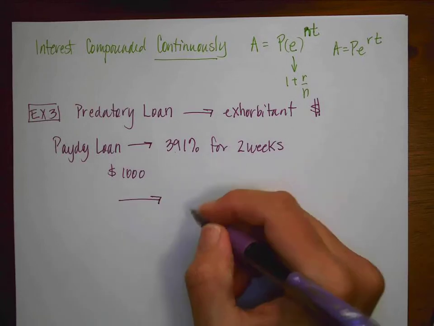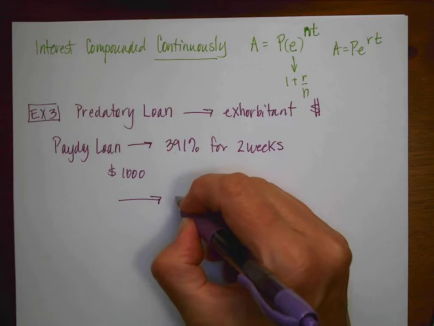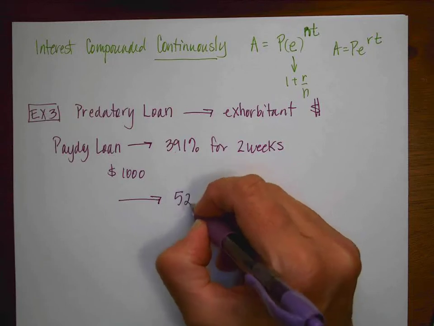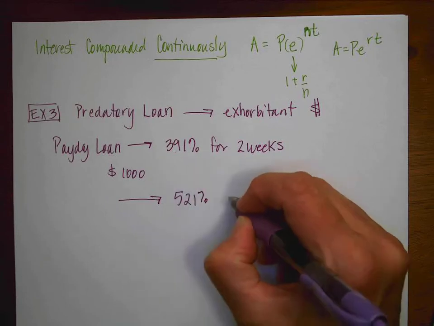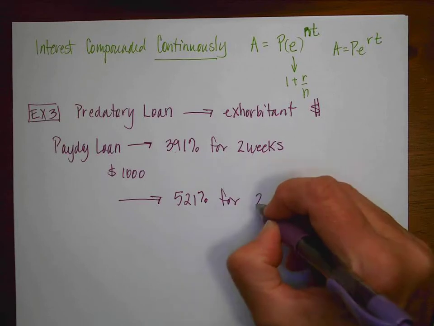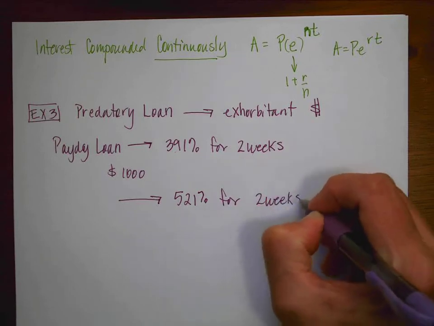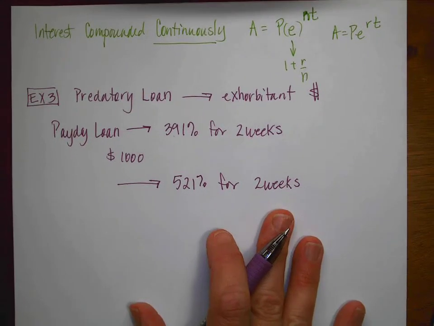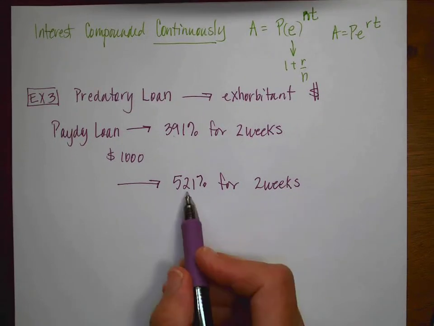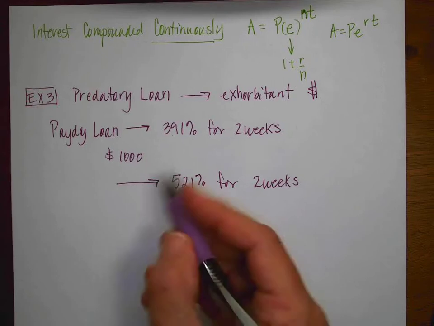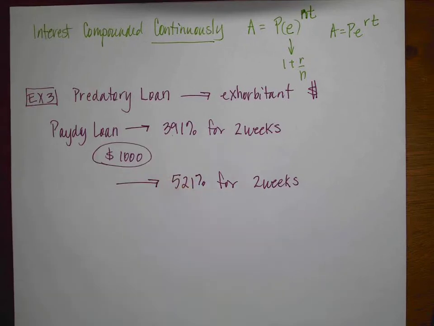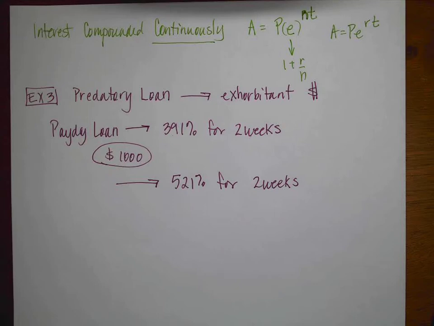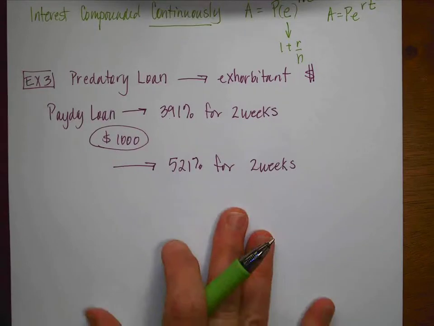If you don't pay that back in 2 weeks, which most people can't, then the interest rate jumps to 521%, and that's for the next 2 weeks. So you can see that very quickly, your money is going to be very expensive. And for the $1,000 that you borrowed to get you out of a bind, you could be paying for that for the rest of your life.